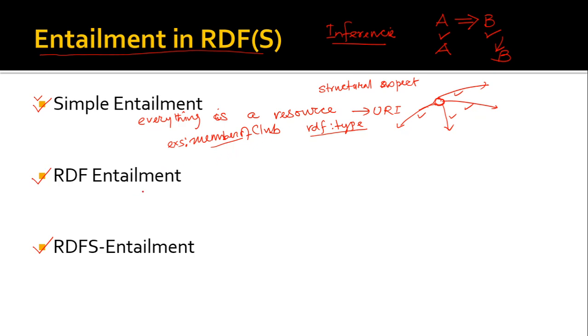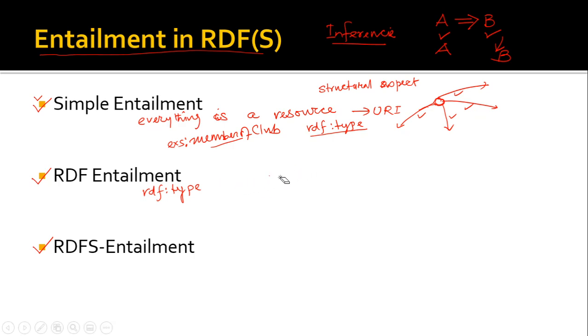But in RDF entailment, it treats the URIs that are special to RDF. So for example, RDF type, right? Or, say, RDF property. Or, I will not say RDF property belongs to RDF, that belongs to RDFS.